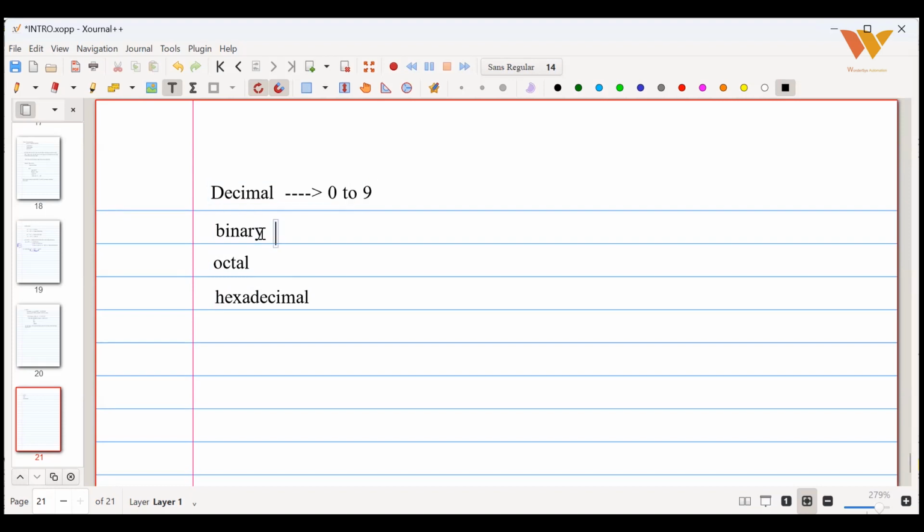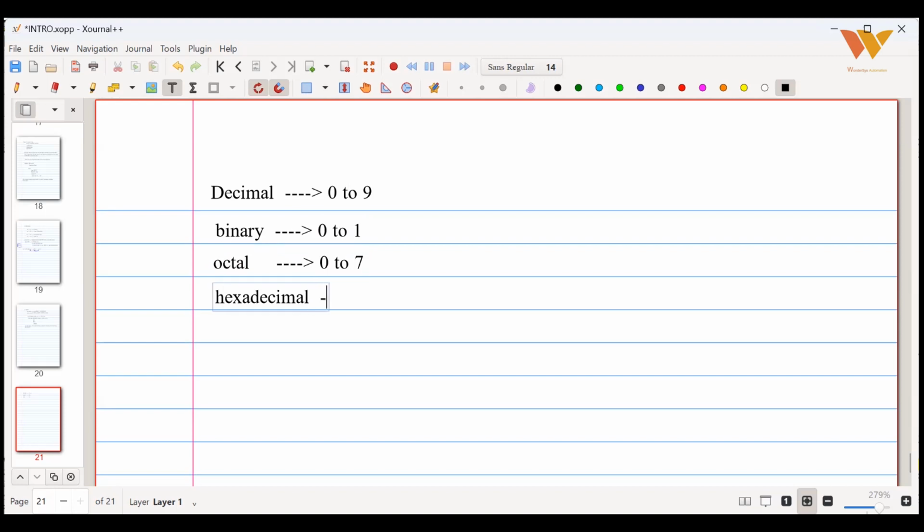Binary is 0 to 1. Octal is 0 to 7, representing 8 values.